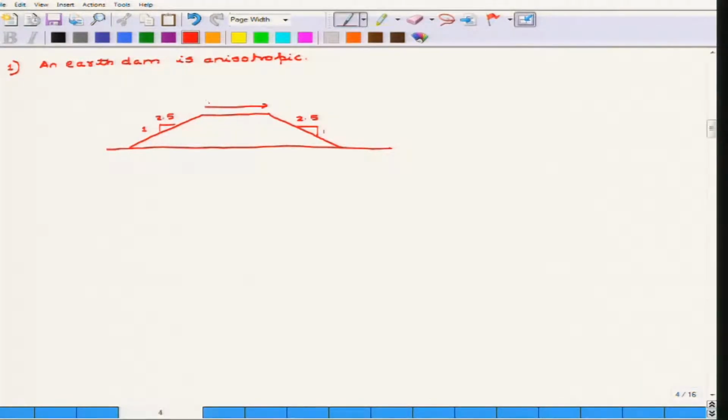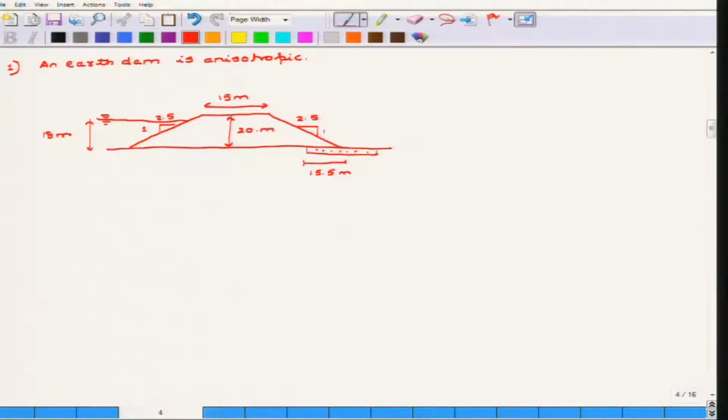This distance is given as 15 meter. The height of the earth dam is given as 20 meter. The height of the water on the upstream side is given to be 18 meter, and there is a blanket drain provided, at a distance of 15.5 meter from the end of the earth dam.